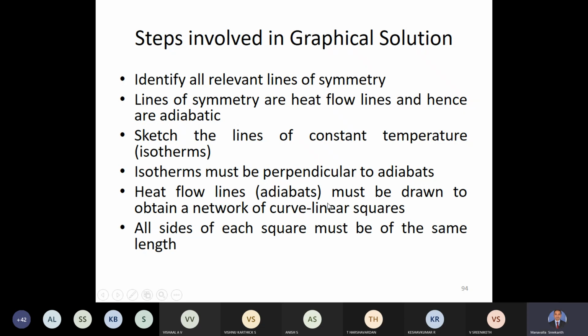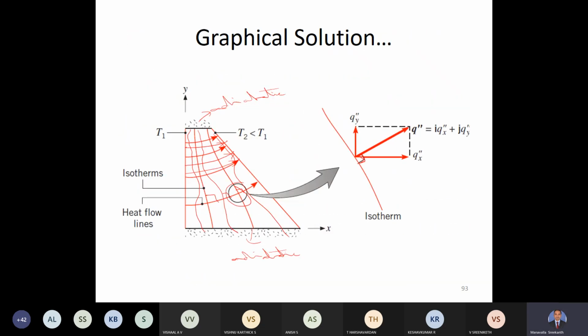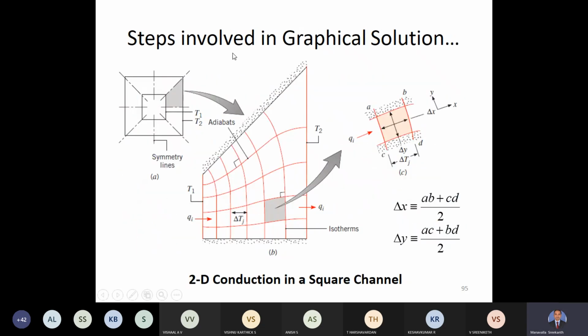So heat flow lines or adiabats must be drawn to obtain the network of curvilinear squares. You will have a network of squares, which I will show you. All sides of each square must be of the same length. Let us take the example of a square plate with a square hole at the center.